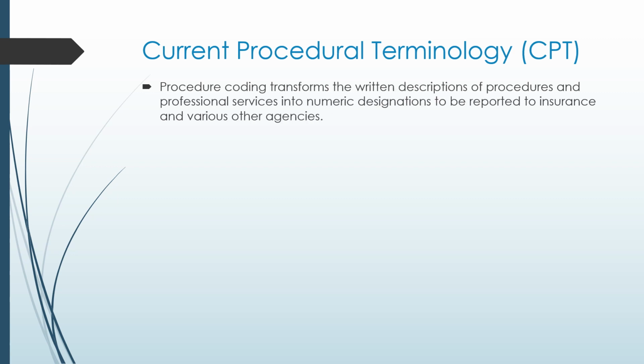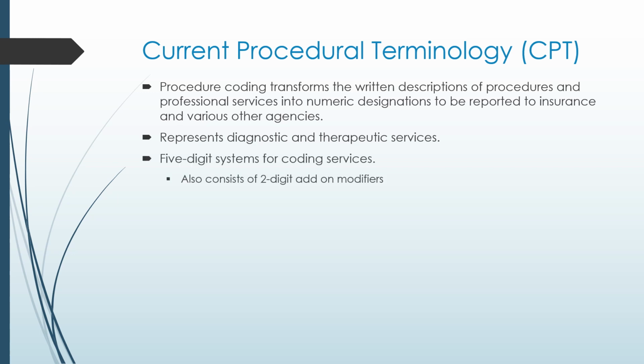So CPT takes the written documentation that you've provided, whether it be a progress note, a procedure note, an EKG, etc., and it turns that written documentation into a professional service numeric designation that is reported to insurance and various other agencies. CPT represents both diagnostic and therapeutic services.